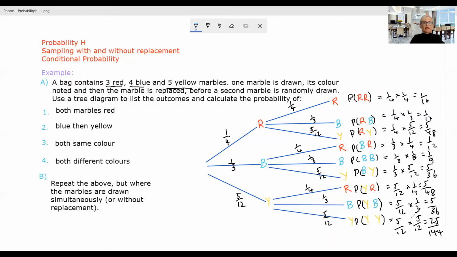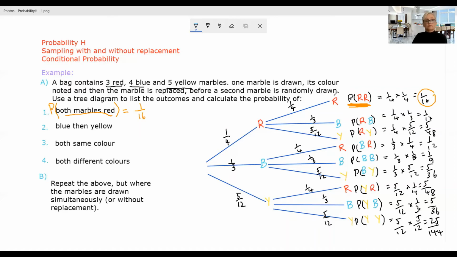We can now answer these questions here. We can do a little bit of colour coding like we have done before. So maybe do both marbles red, probability both marbles red. Okay, well, it's only this one, isn't it? So the probability of red, red equals 1 on 16.